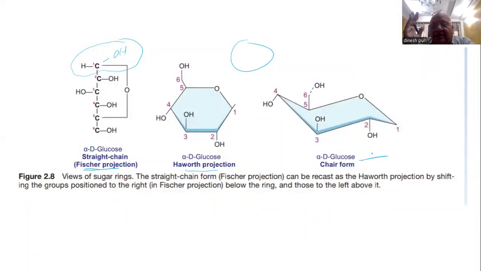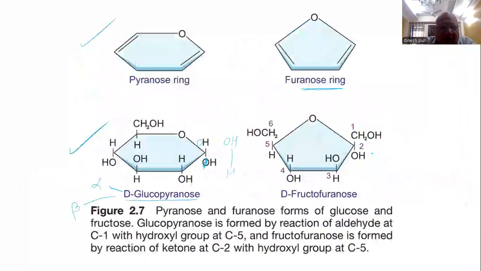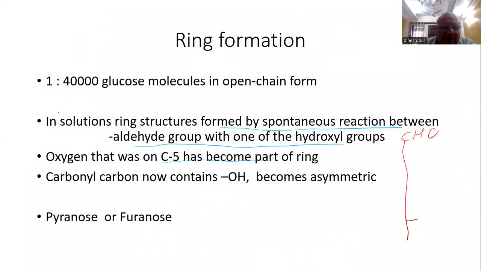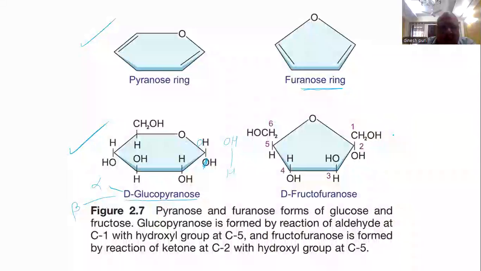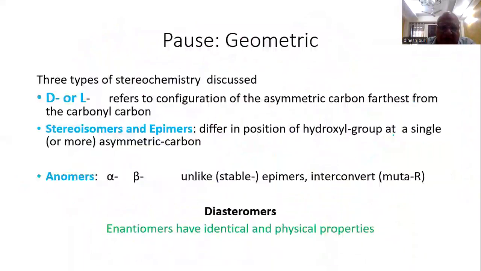Because these are the predominant forms in solution. As we said, only 1 in 40,000 glucose molecules is in the open chain form; the rest is all in the ring form. And in the ring form, at the anomeric carbon, two anomers are possible.